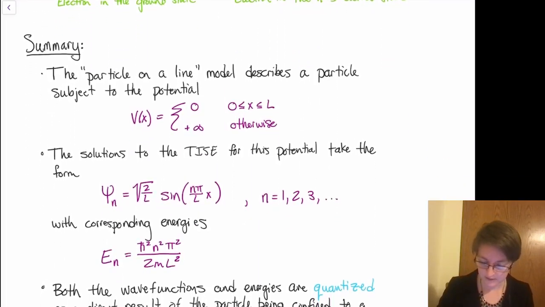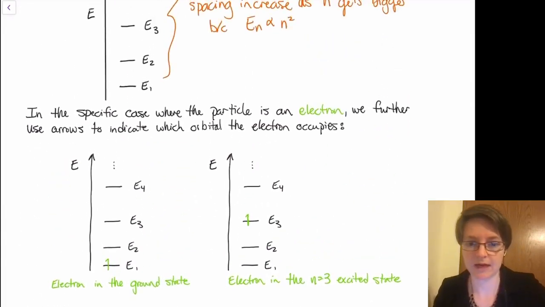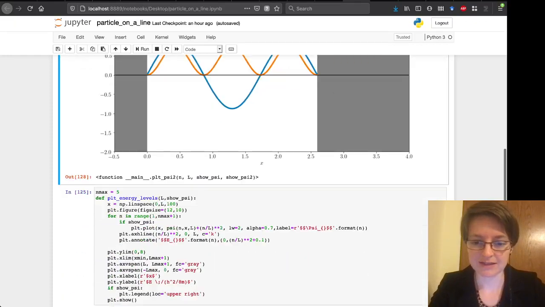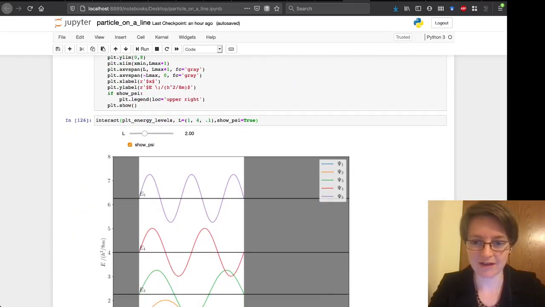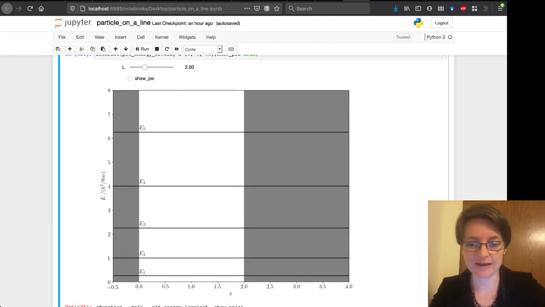Okay, so before I get to our summary, let me go back one more time to our set of plots so that I can try and show you, before we end off today, these plots for our different energy level diagram, but using a quantitative Python script so that you can see exactly what these energy levels look like.